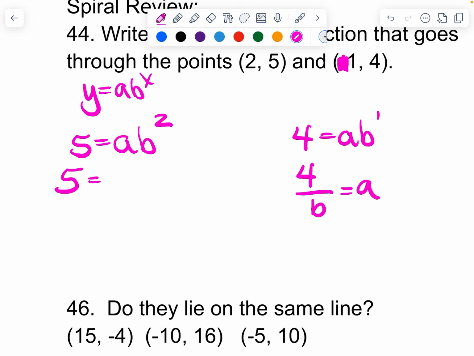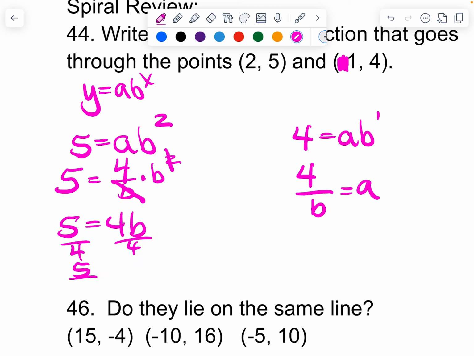5 equals 4 over b, that was a horrible 4, times b squared. So this b cancels with one of those. So I have 5 equals 4b, divide by 4, and get 5 over 4 is equal to b. So now I need to find my a value. So I'm going to take this right here and plug it in right here.